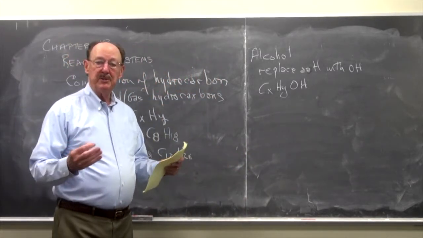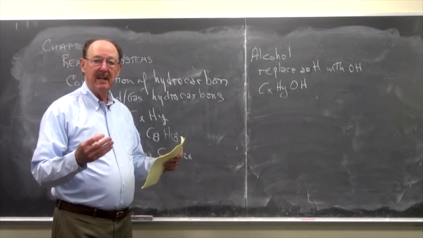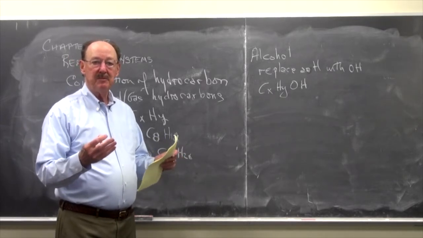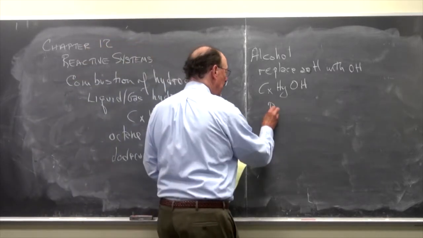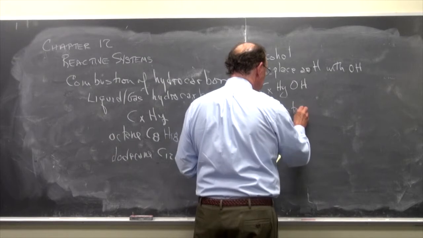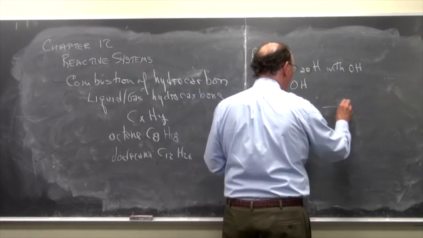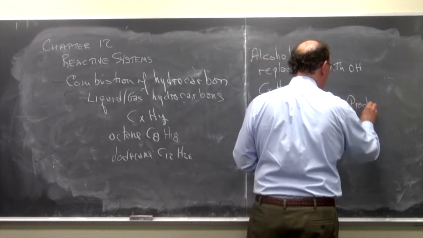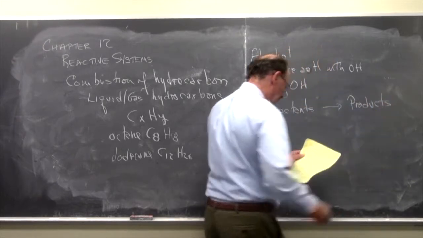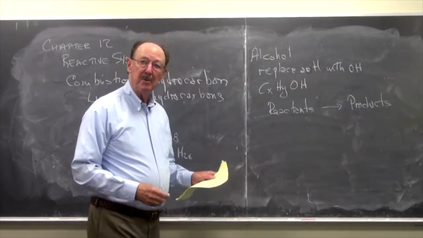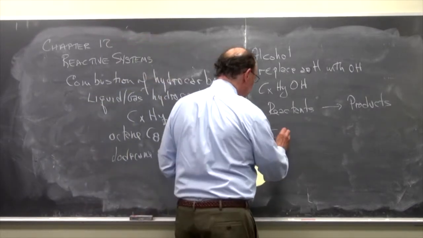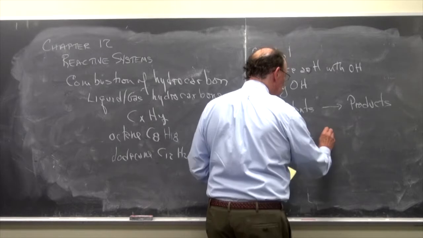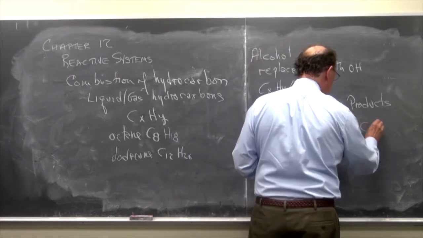Now what we want to do is look at the combustion process and how we do that, and it's fairly straightforward. We have reactants and we have products. If I were to oxidize carbon, if I were to burn carbon, I would get carbon dioxide. So I'd have C plus O2 yields CO2.